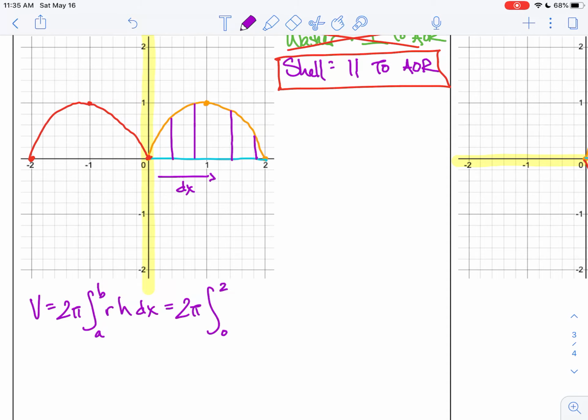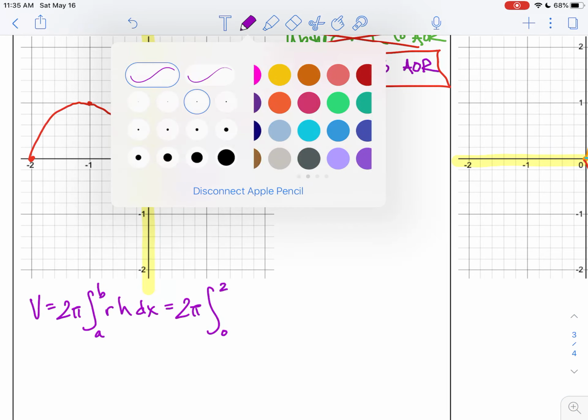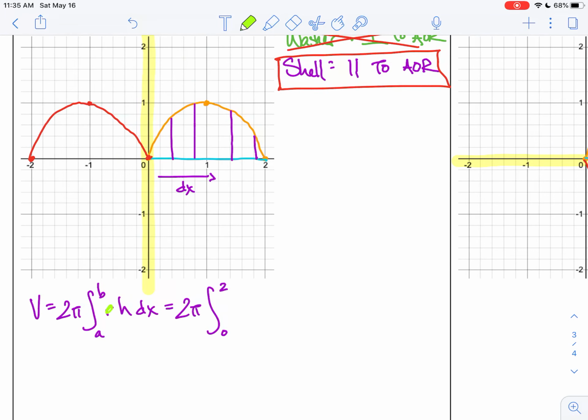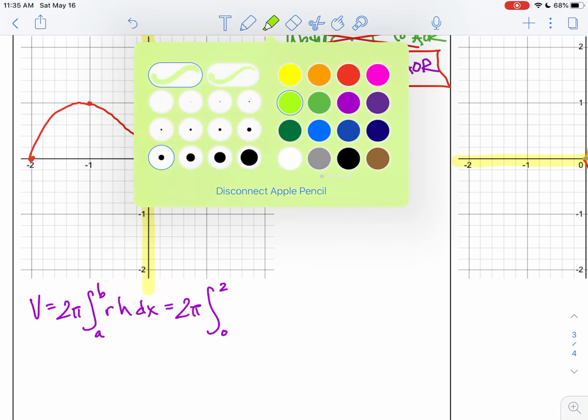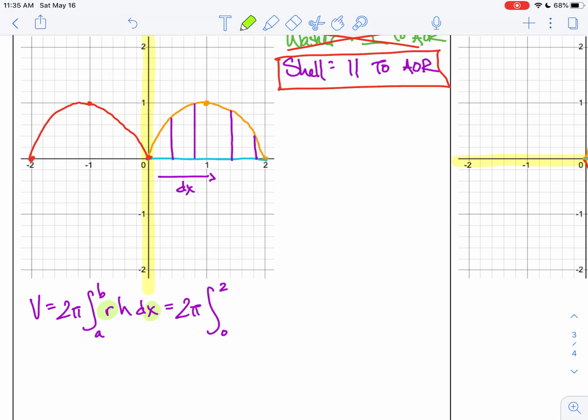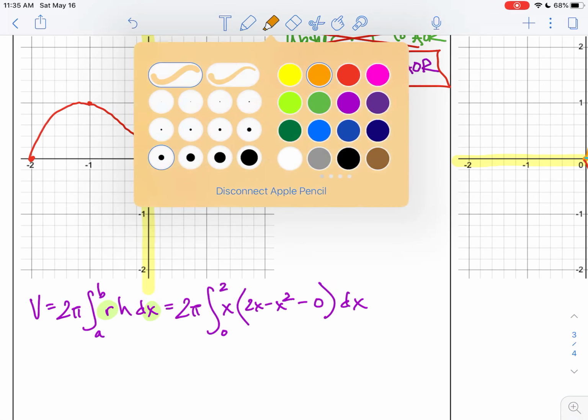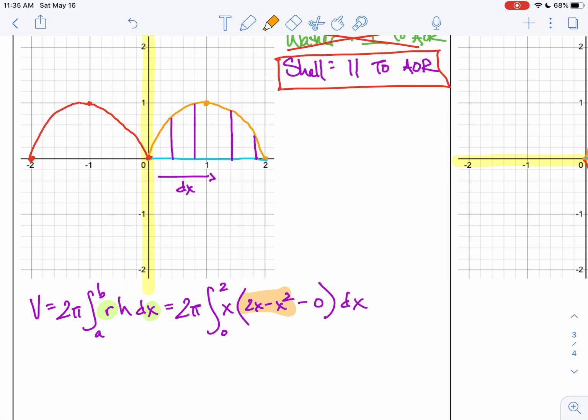My radius will be the same as that, and so I will get x for my radius. And my height will be the top curve minus the bottom curve. Okay? So again, this is the top curve, and I'm subtracting the bottom curve.